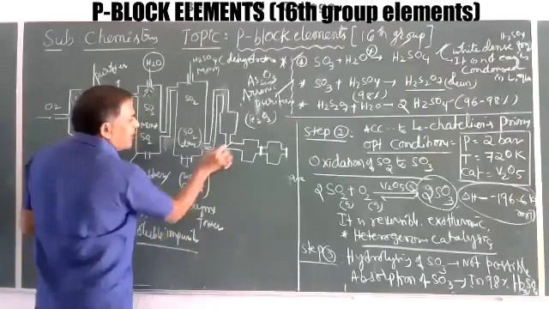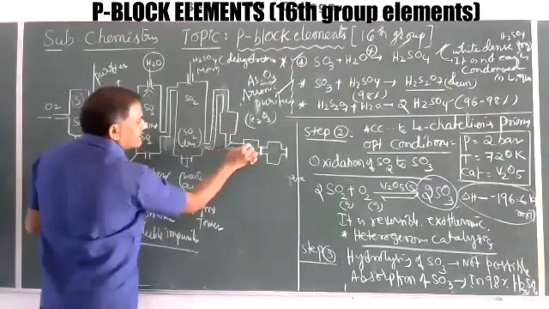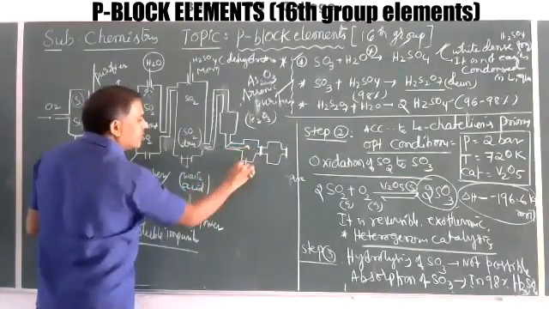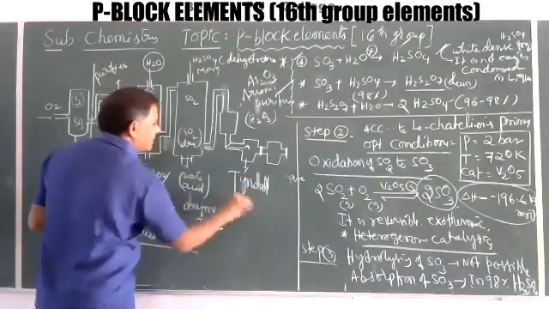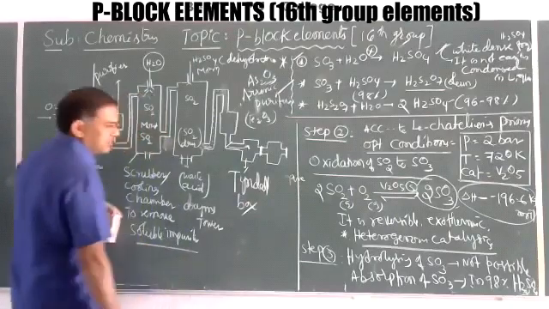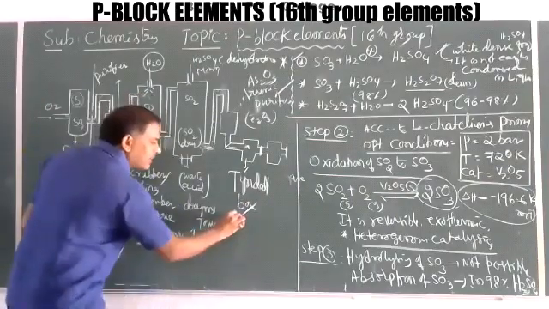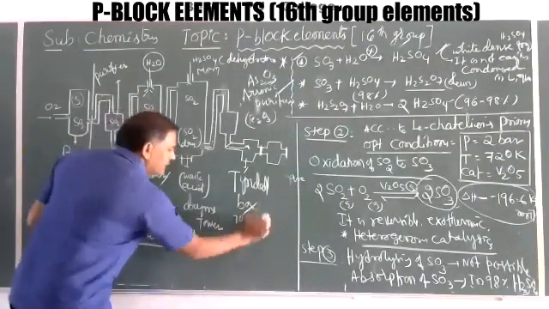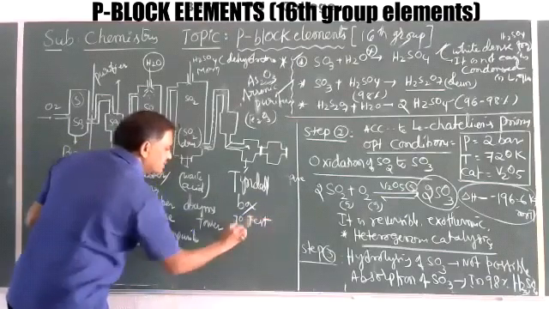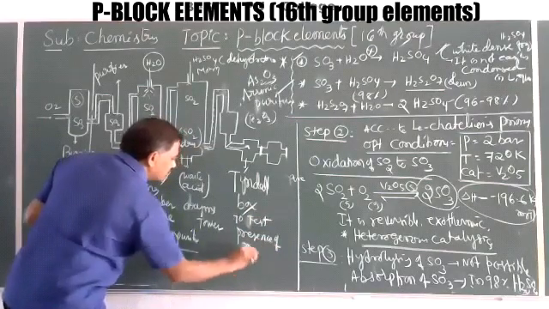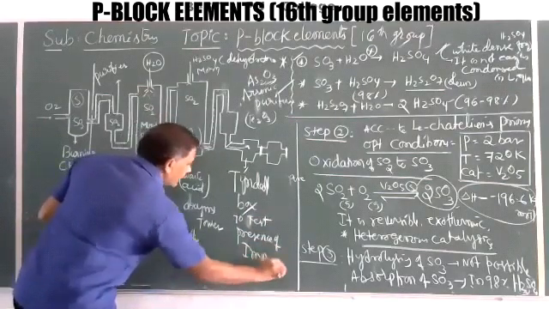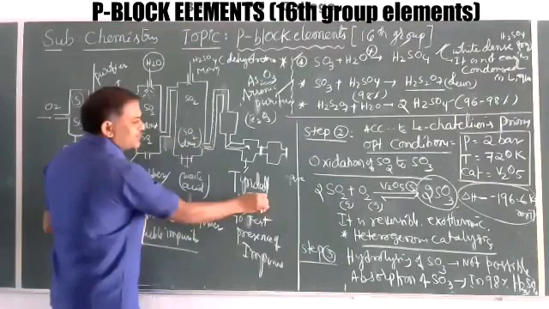Then the obtained pure sulfur dioxide gas is passed through one tower that is called a Tyndall box. This Tyndall box is used to test the presence of impurities. In surface chemistry, we explained about this Tyndall effect.